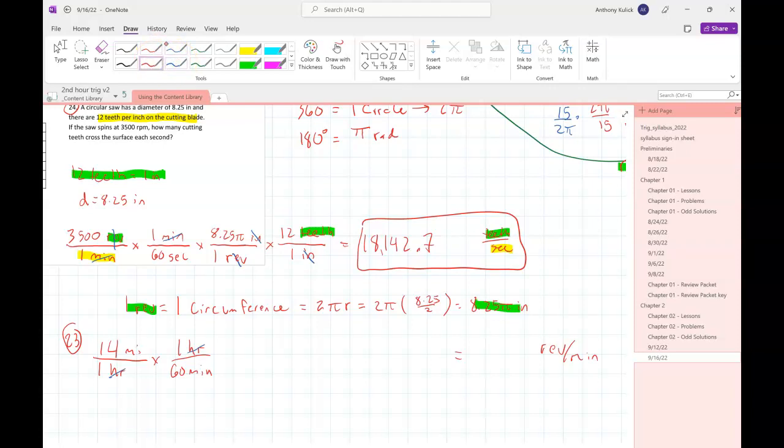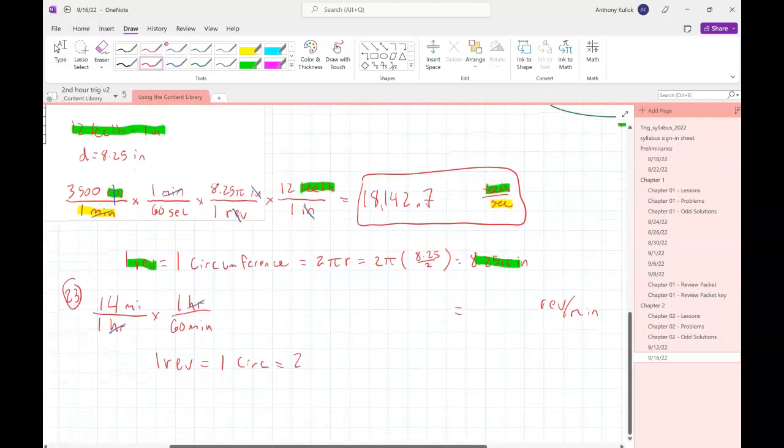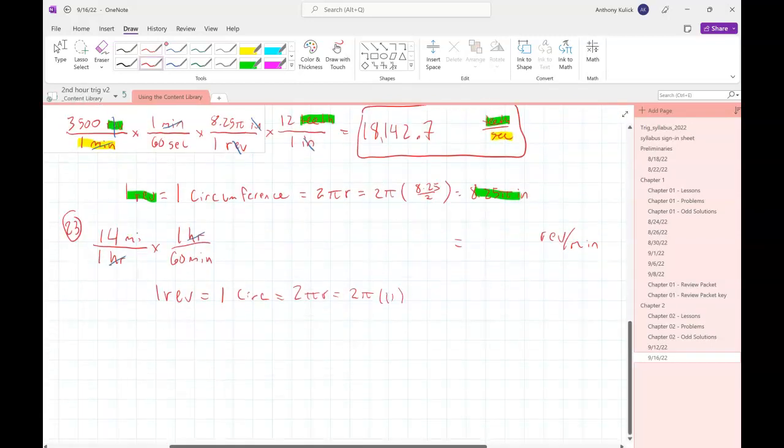Well, we did that last time, in the notes. Again, the key is that one circumference is 1 revolution. And how big were these tires? 22 inches. So the radius is 11. So 22 pi inches is my circumference.